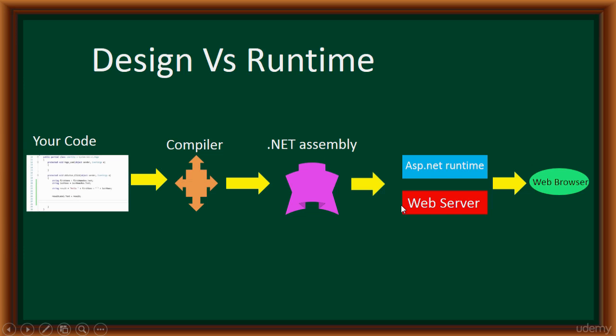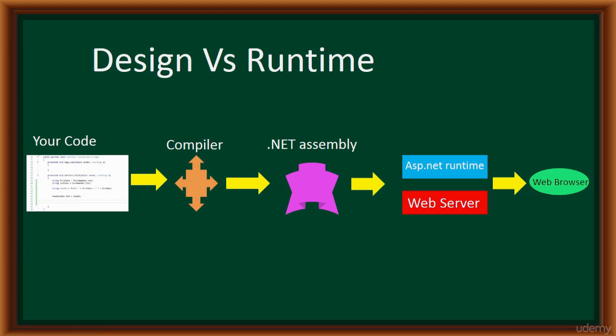That web server then passes the result, after it has been compiled, on to the web browser, which is then displayed for you to see. So basically, this is what goes on behind the hood while the human readable code is being compiled into a machine readable format.